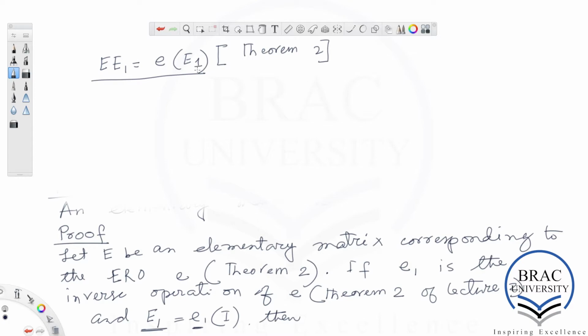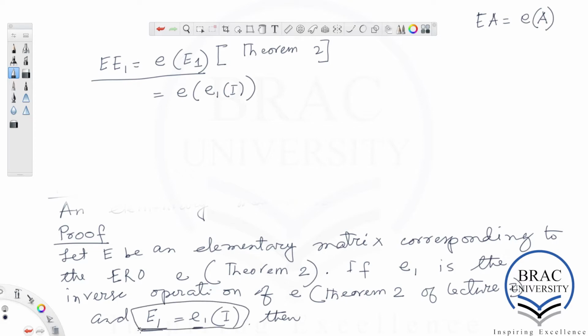Remember that in theorem 2 you have E times A is the elementary row operation of A, right? So here we just replace A with E sub 1. So this is E of E1 is going to be equal to E of E1 of I, right?